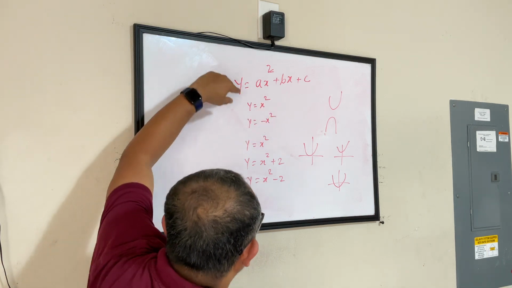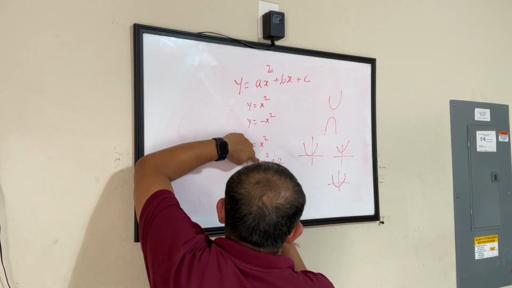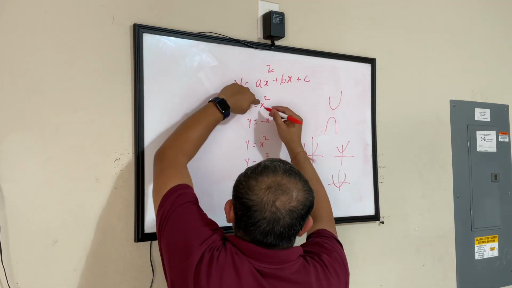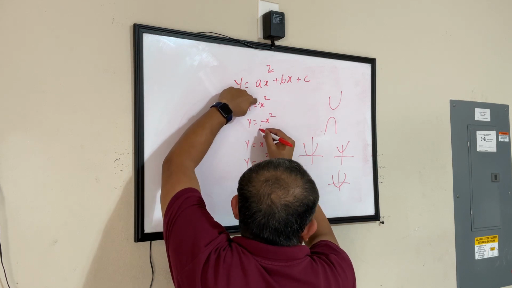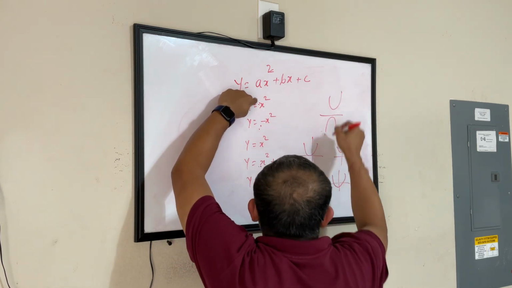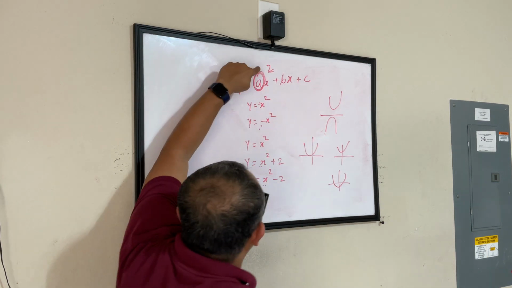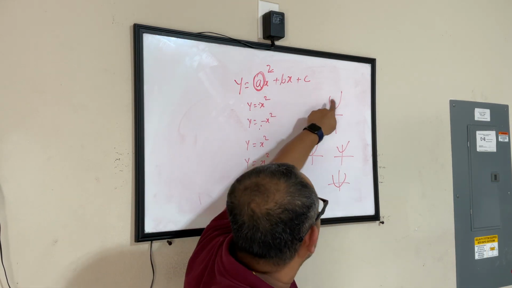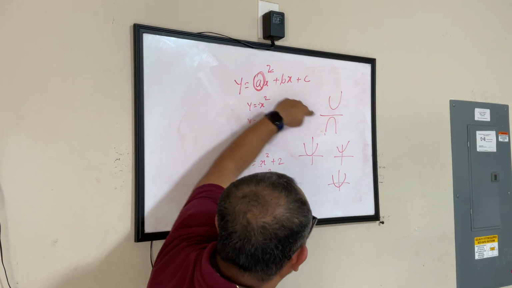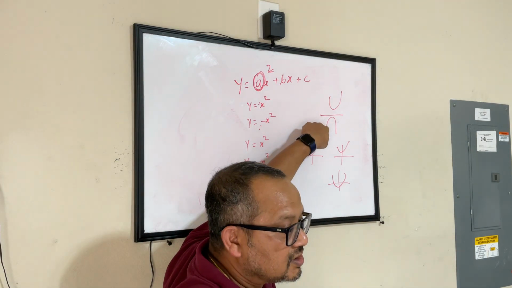Now you relate with this one. This x squared being positive or negative makes your parabola go up or down. So this is your A thing. If your A is positive, your parabola is facing upward. If your A is negative, your parabola is facing downward.